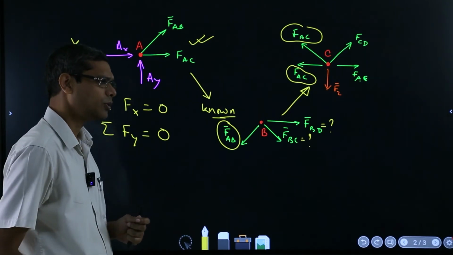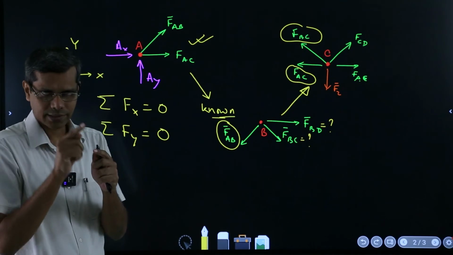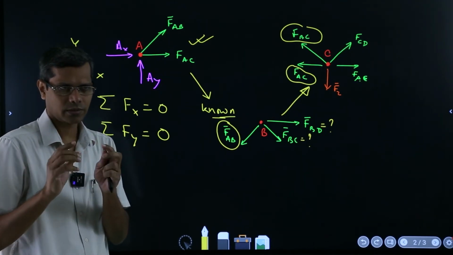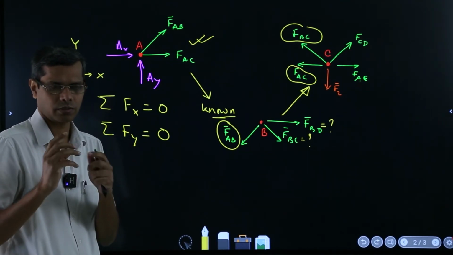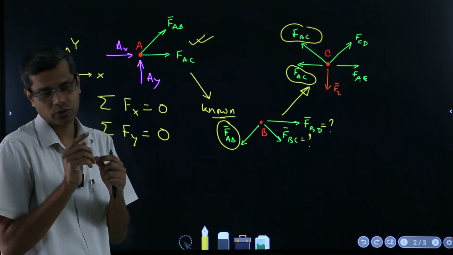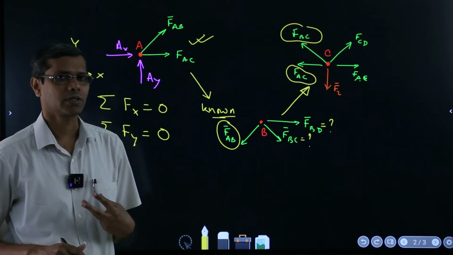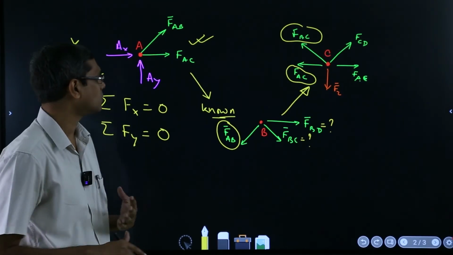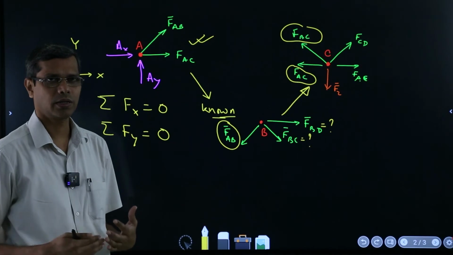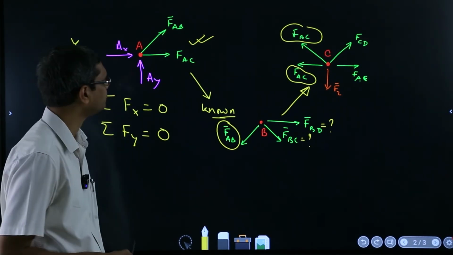Because see, in 2D, if we can write for an extended body which is not a point but has some space, then we can write in fact 3 equations. Then we can solve 3 unknowns at each step. So that's the idea behind method of section.